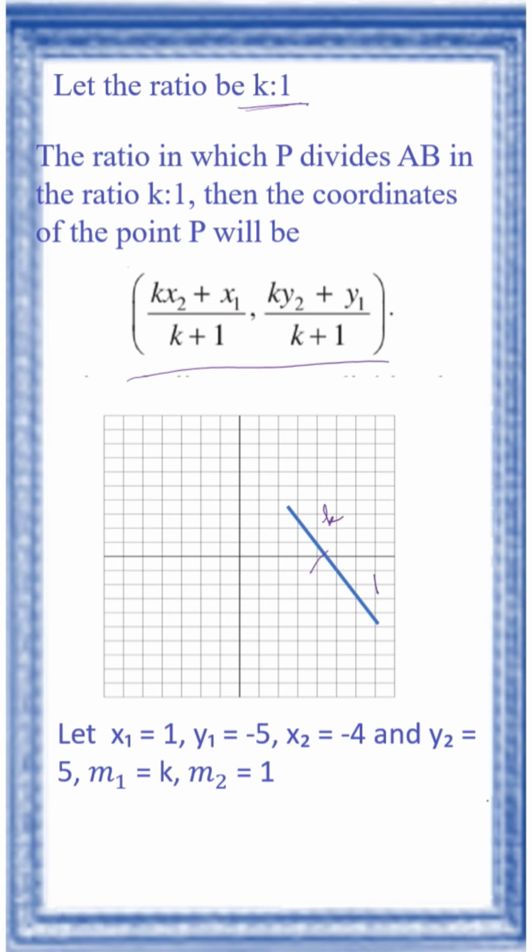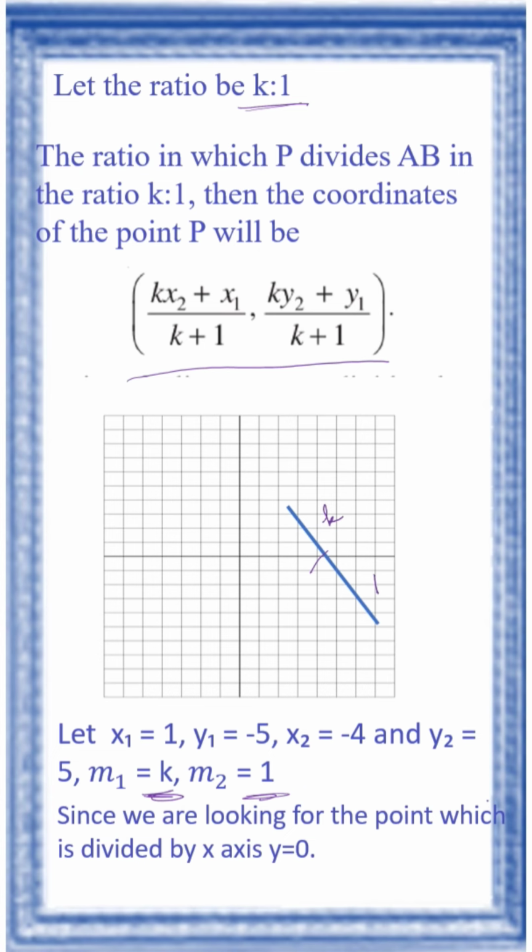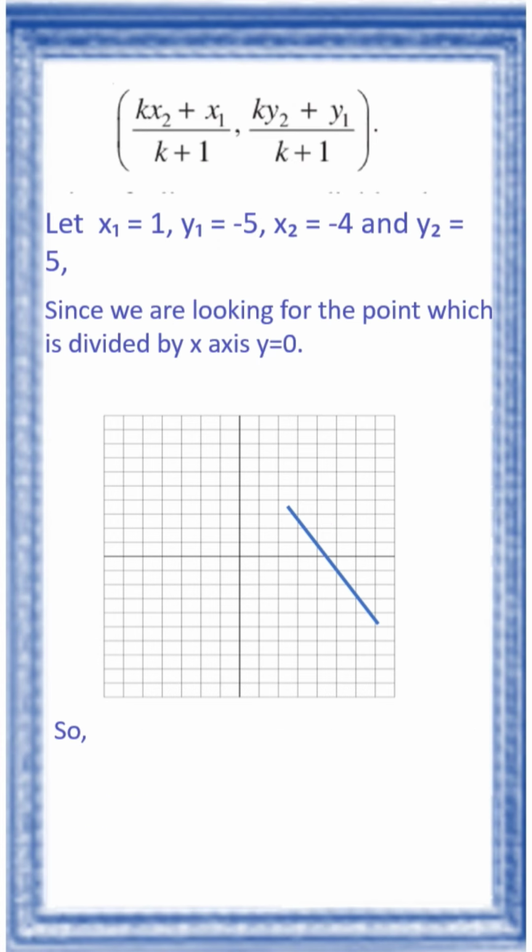Instead of m1 we have taken k, and m2 as 1. Since we are looking for the point which is divided by the x-axis, y is equal to 0. Here x is equal to x, let it be, and y is equal to 0. So we can only use this one to find the ratio. Okay, this one we are using now.